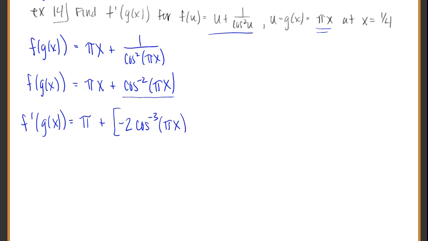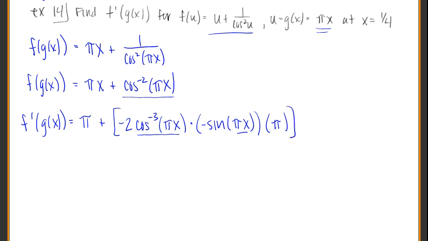So now we have to worry about the base part. We multiply by the derivative of the base, and the derivative of cosine of any angle is negative sine of that angle. And then to finish up the last bit of the chain rule, we multiply by the derivative of the angle itself, which is just pi.